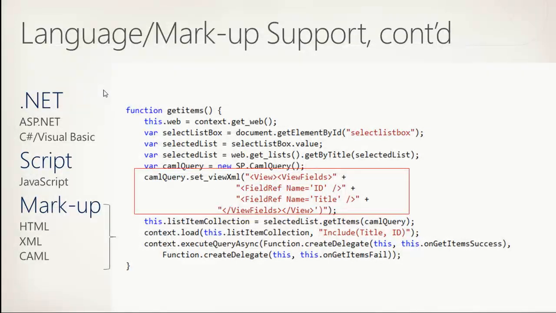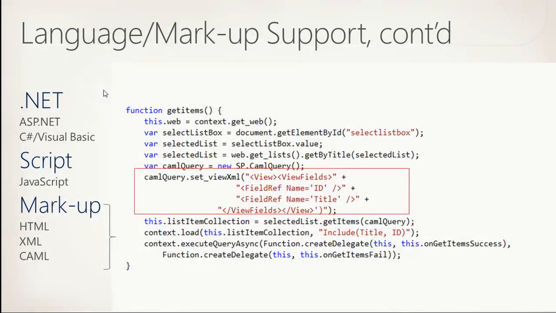This originally, if you think about legacy SharePoint, was about how do we query SharePoint in a language it can understand. And so this is an XML construct there, the red box. It's saying, hey, go out there, find these fields with ID title and so on and so forth, create my view, and I'm going to use that to query SharePoint. There are better ways, in my estimation, to query SharePoint, whether it's LINQ or other ways.